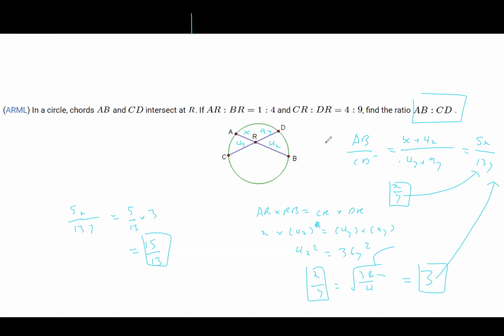Like these three configurations, right? They all have separate proofs. The theorem is called power of a point. So just search up power of a point proof, and there should be three proofs for each of the three configurations. So I guess that's your homework. But we really need to move on because we have so much content.